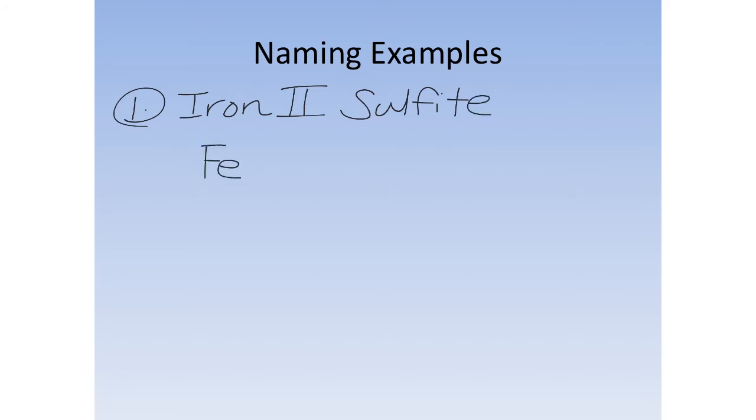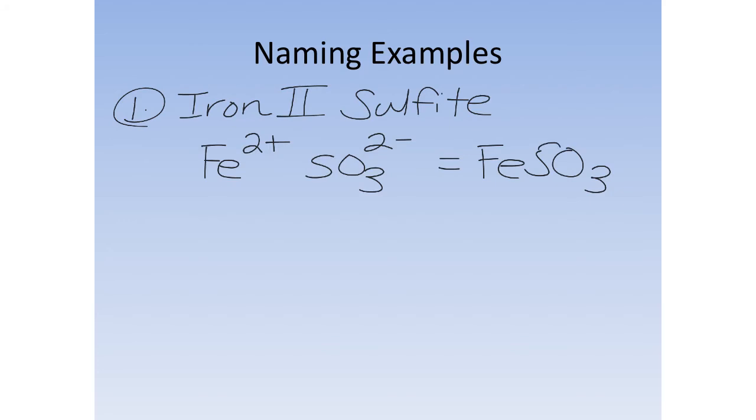The charge on that iron would be plus 2. Sulfite would be SO3 minus 2. And then we would crisscross and those would reduce. So it would just be FeSO3. If it was plain sulfur, the monatomic ion, it would be sulfide.